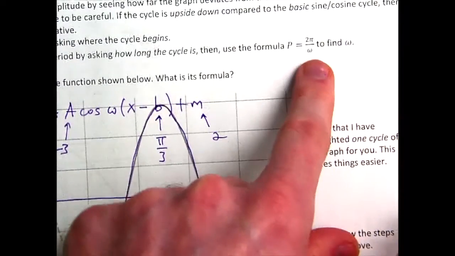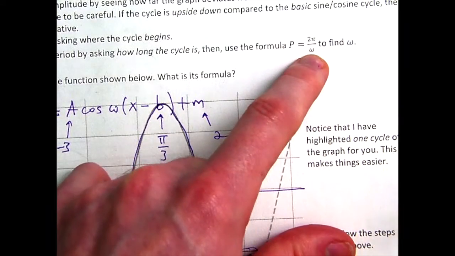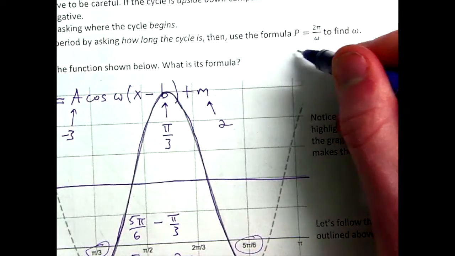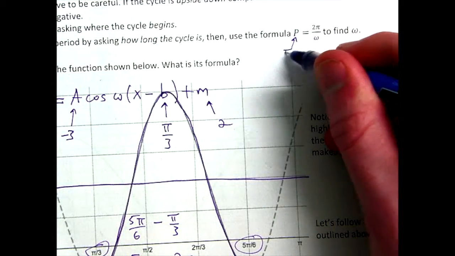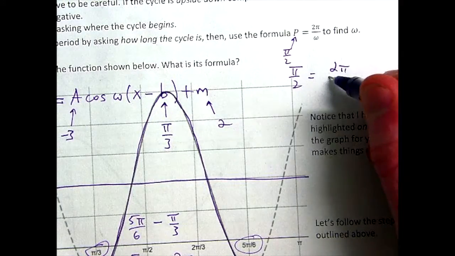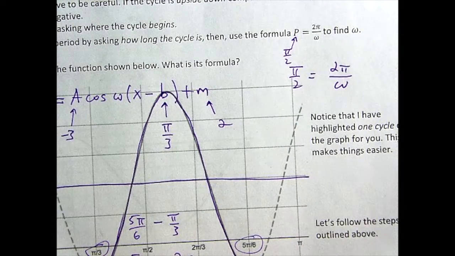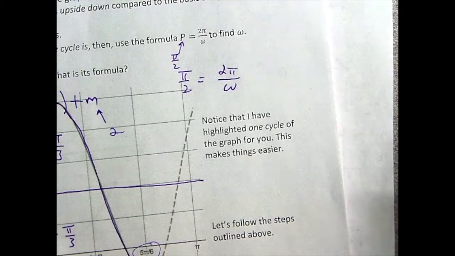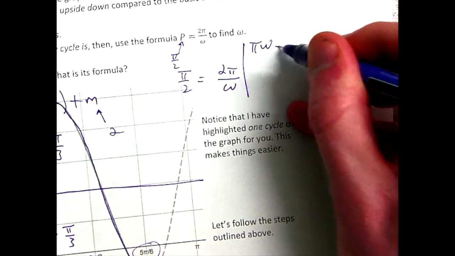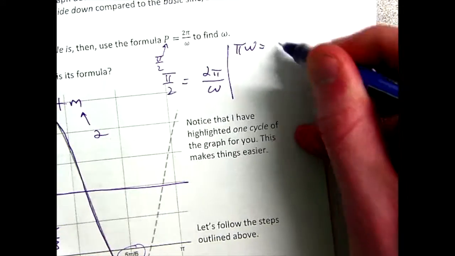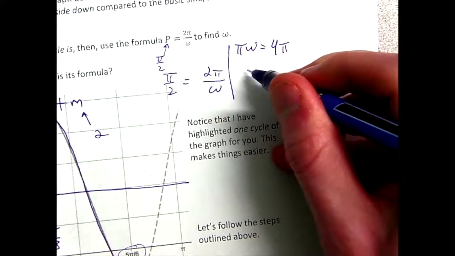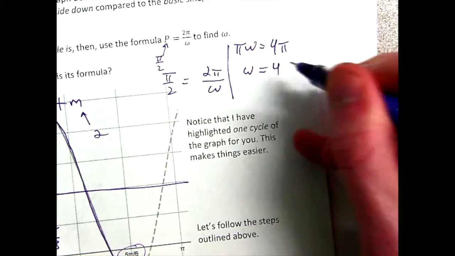Now using the formula p equals 2 pi over omega, I can find omega. If I plug in pi over 2, I have pi over 2 equals 2 pi over omega. To solve, cross multiply: pi times omega is pi omega, and 2 times 2 pi is 4 pi. Divide both sides by pi, and you get omega equals 4.